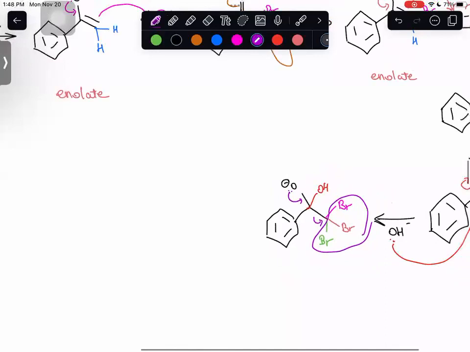And then we're going to end up with what kind of functional group? What's the name of it? Carboxylic acid, exactly. Simple as that. It's a carboxylic acid.